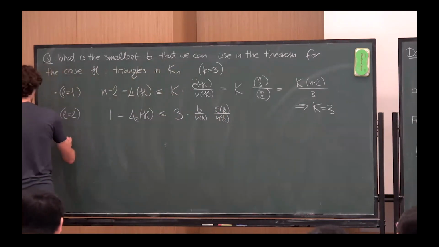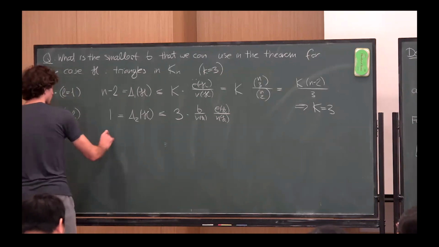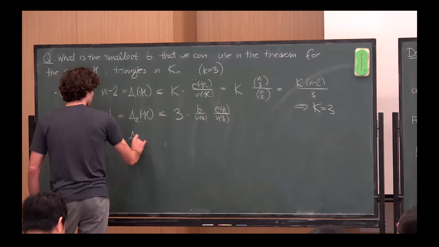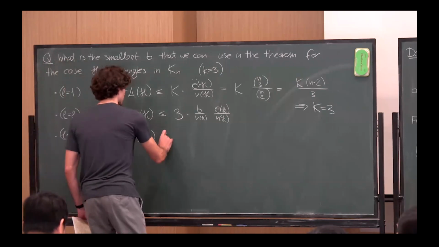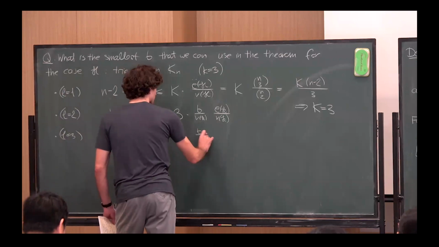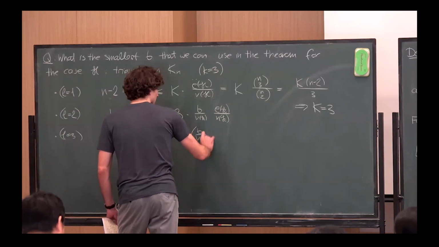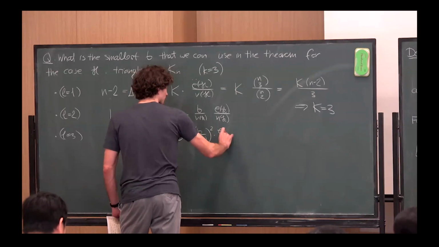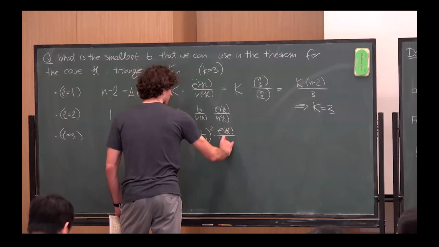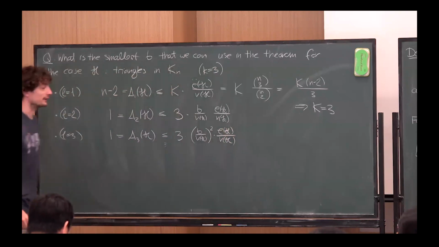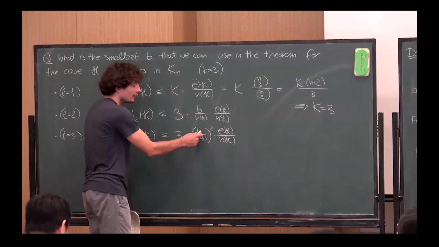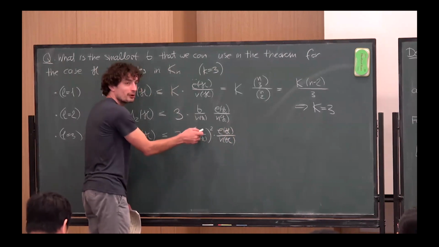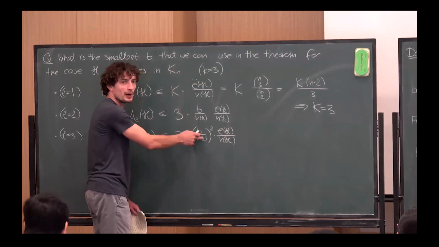And for l equals 3, we ask 1, which is the maximum 3 degree, to be at most 3 times b over v(H) squared times the number of edges divided by the number of vertices. Note that this is a stronger requirement because this ratio b over v of H is of course at most 1.